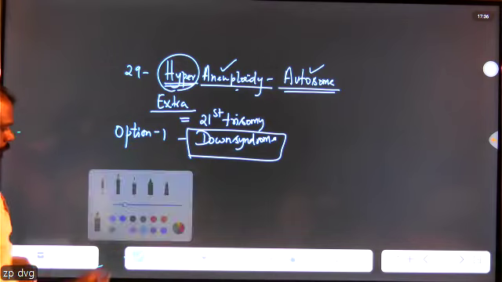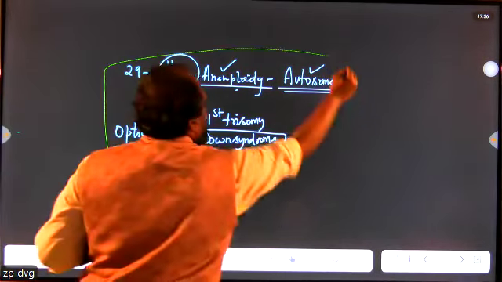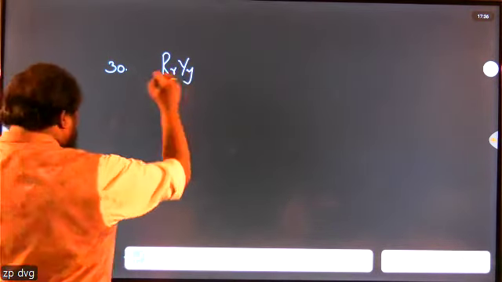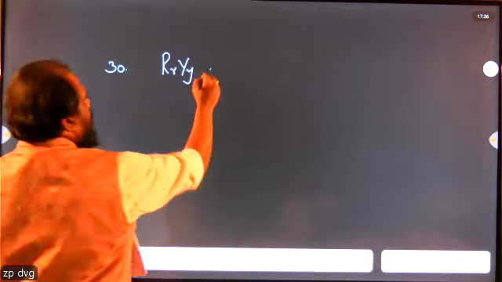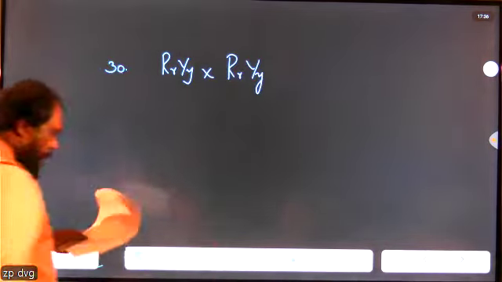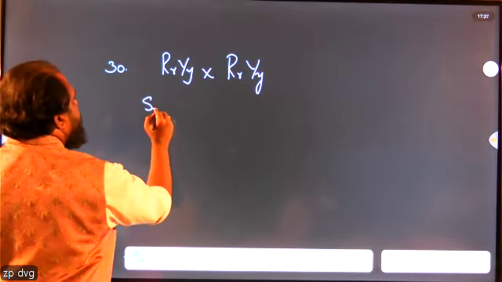So today's last question we will solve is question number 30, which is also a simple question. Question number 30 says, in a dihybrid cross, when plants RrYy are self-hybridized, that means selfing is done, the ratio of segregation of yellow and green.